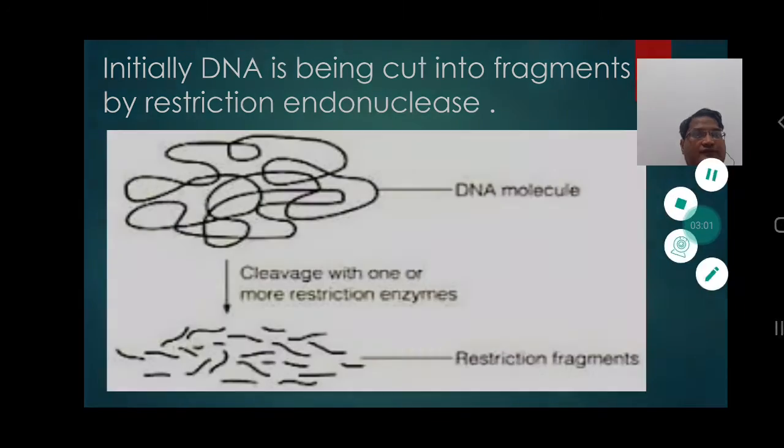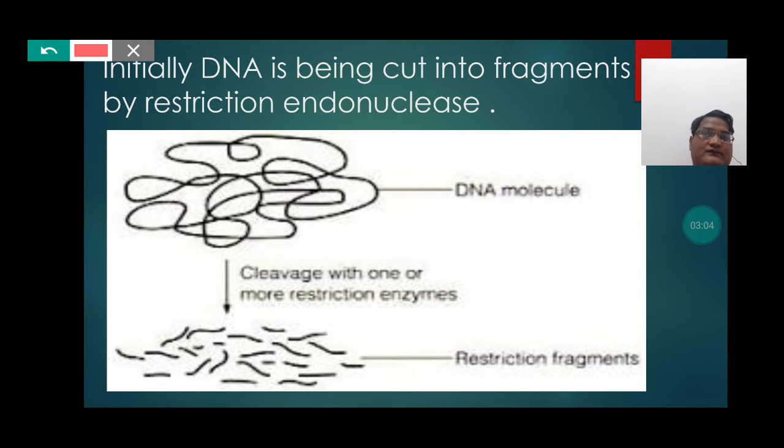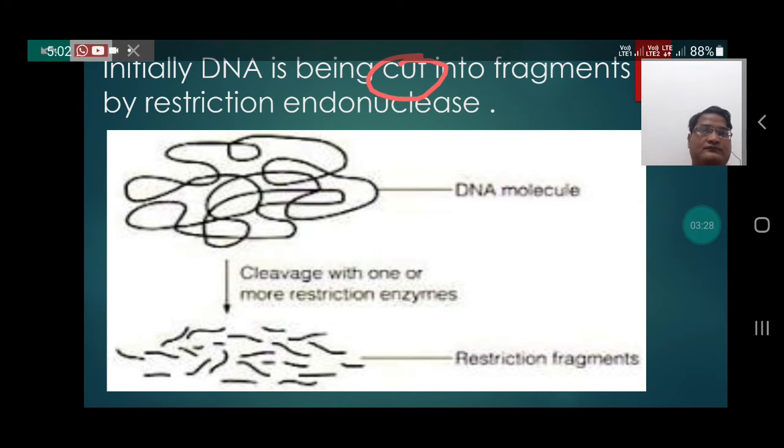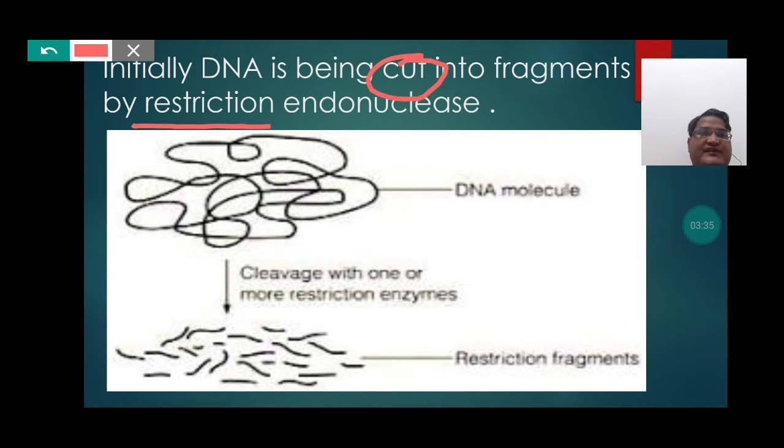So students, we can easily understand here that when the DNA has to be arranged according to their length, before the DNA gets arranged according to their length, it needs to be cut, and the specific enzyme which is required to cut the DNA is the restriction endonuclease.